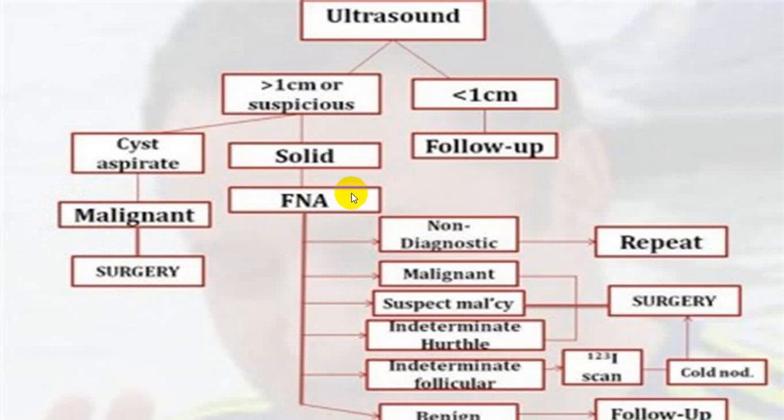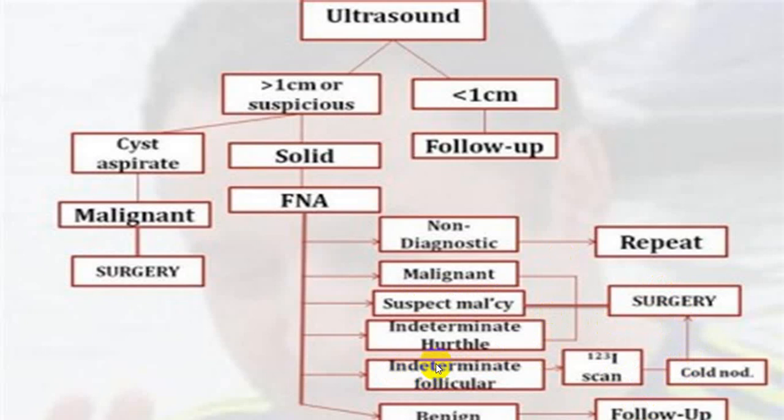If FNAC is non-diagnostic, repeat it again. If FNAC shows malignancy, then surgery followed by radioactive treatment or maybe drugs, etc. In suspected malignancy, surgery is a must. Also in a cold nodule, surgery is a must.